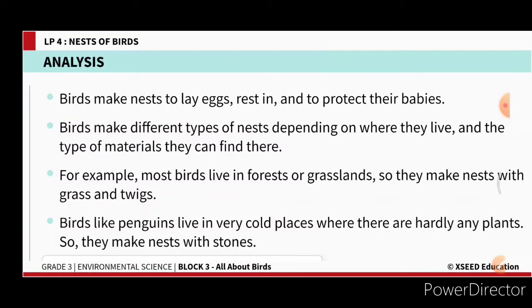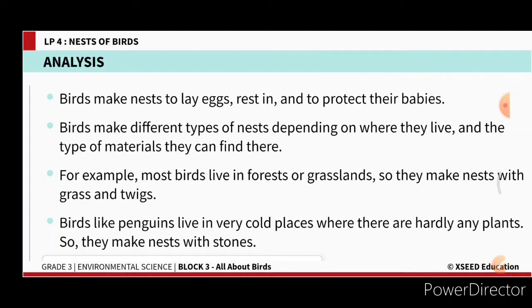Okay, first thing, why do birds make nests? Okay, 3 reasons. Can you tell me? To lay eggs, to take rest. Okay, they'll rest in the nest and to protect their babies. Why should birds protect their babies?